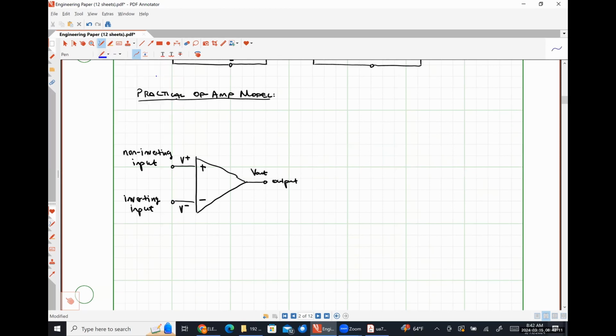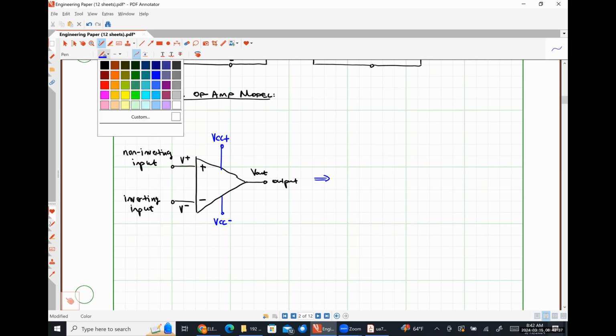And because we know that this device requires external power, I'm going to have a terminal called VCC plus and VCC minus, and those are the terminals that allow me to power this device. So anytime I see this schematic symbol, I'm going to replace it with this network.